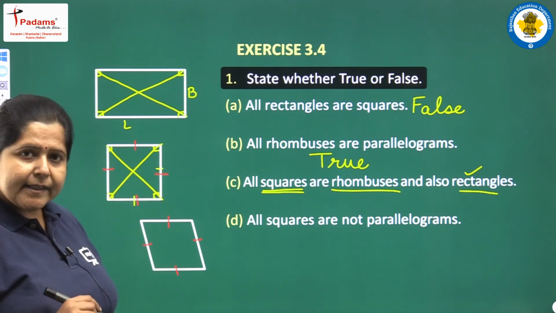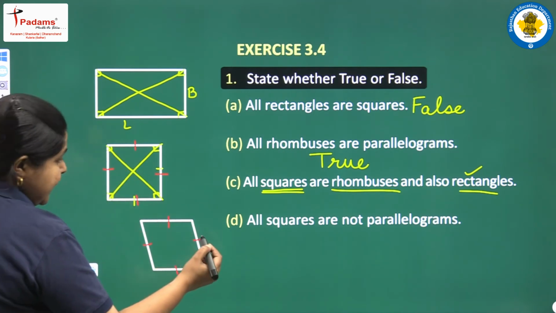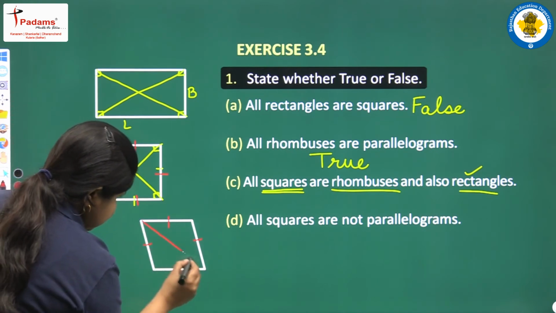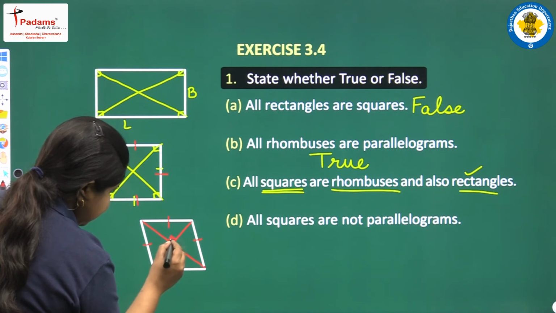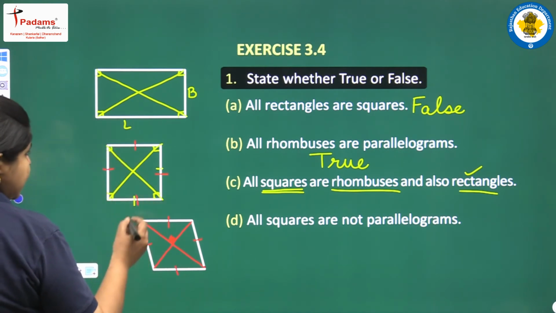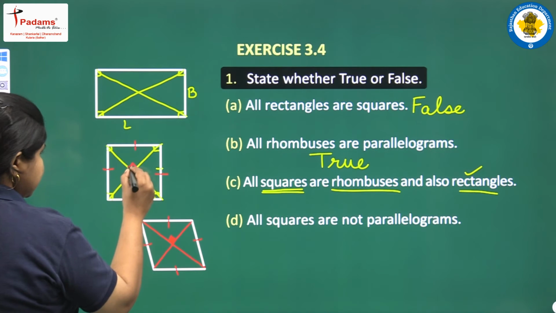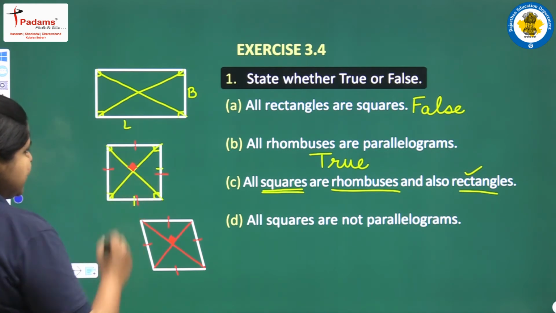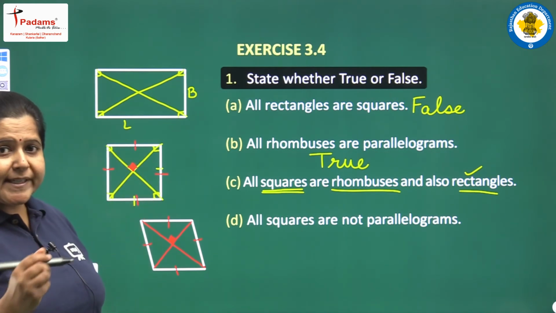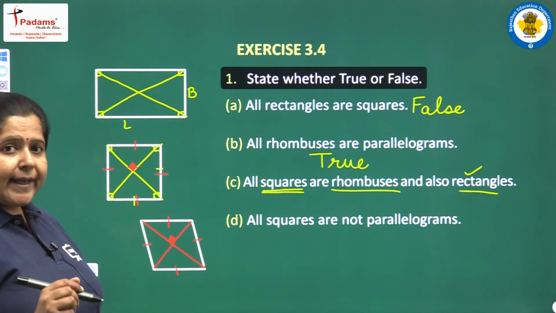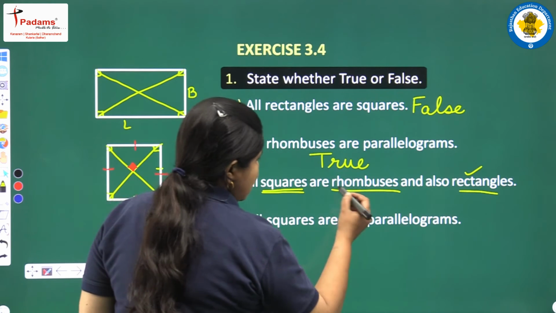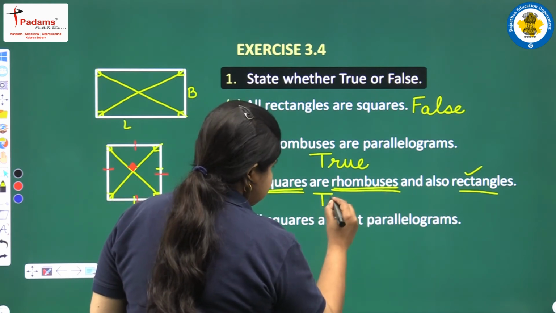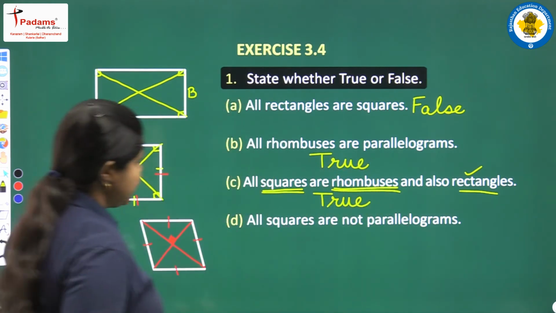All the four sides are equal. Then in a rhombus, the diagonals bisect each other at 90 degree. They are perpendicular to each other. In a square also, the diagonals are perpendicular to each other. So, these are the properties similar in both of them. So, we can say that yes, a square is also a rhombus, and so this statement is very true.